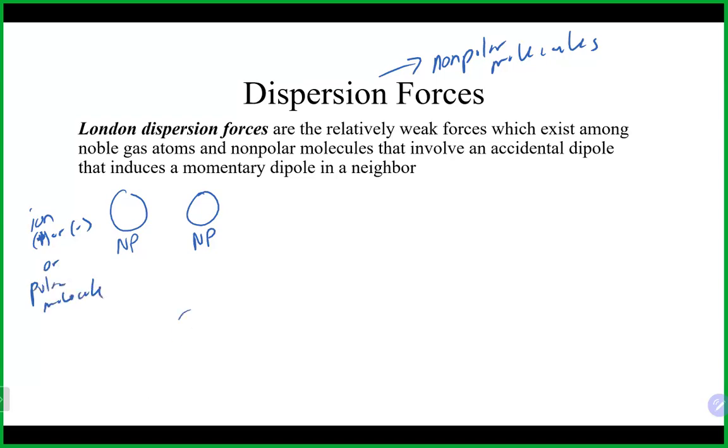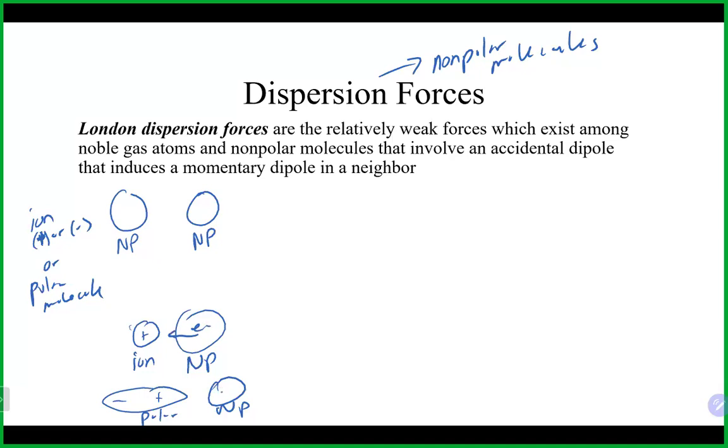For example, if we had a nonpolar molecule here and we had a positive ion come up on it, or a polar molecule come up on a nonpolar guy. Temporarily, what that's going to create in our nonpolar molecule is the electrons in here are going to be attracted towards the positive ion.